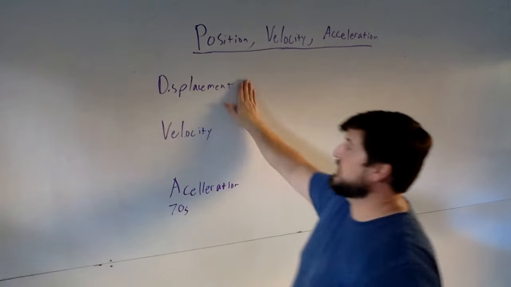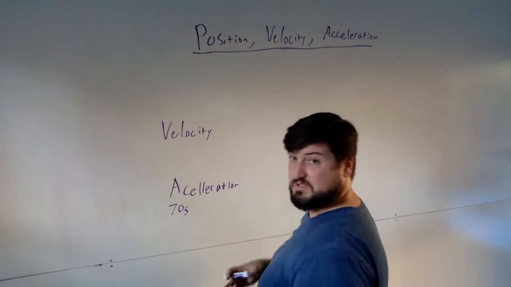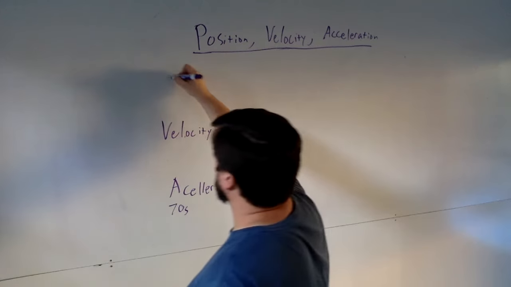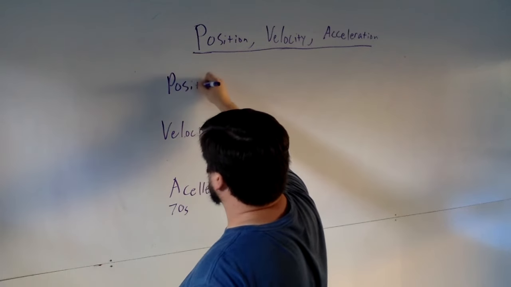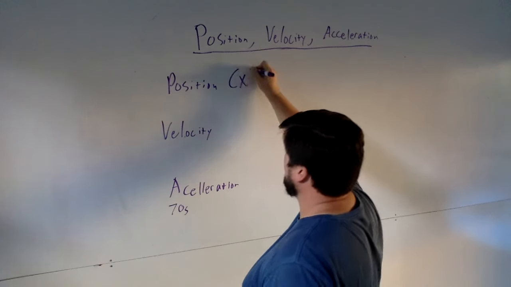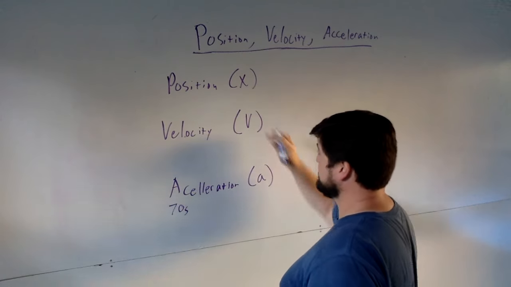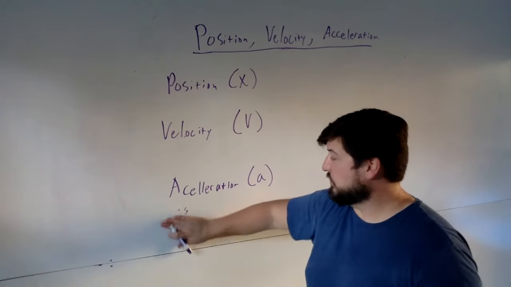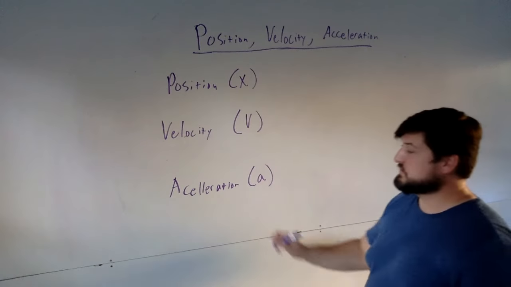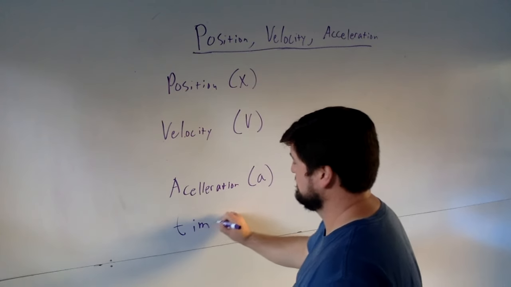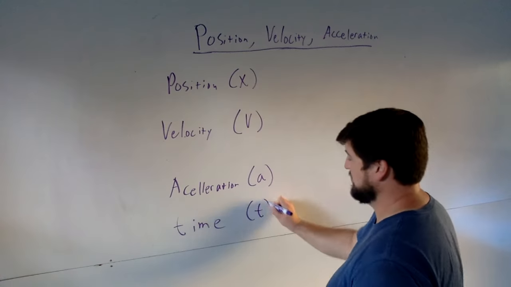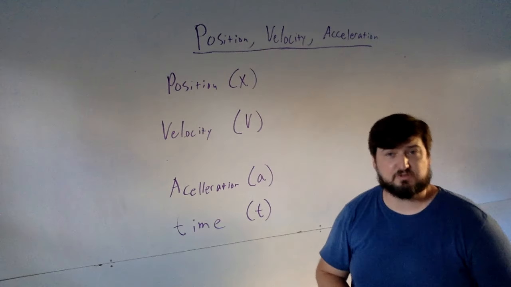So first off, and I'm not going to call it displacement anymore, because displacement is just a change in our position, which we call x. We have a velocity, and we also have our acceleration, okay? So, we also have time.